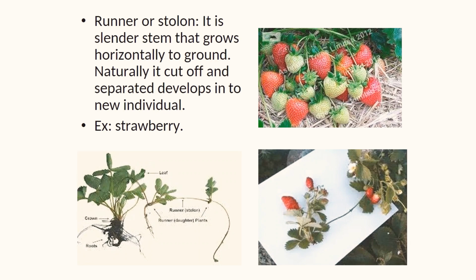It arises from the axillary bud of the older plants. It bears scale leaves. The buds give rise to adventitious roots and new plants. Naturally, it is cut off and separated and develops into a new individual. The example is strawberry.